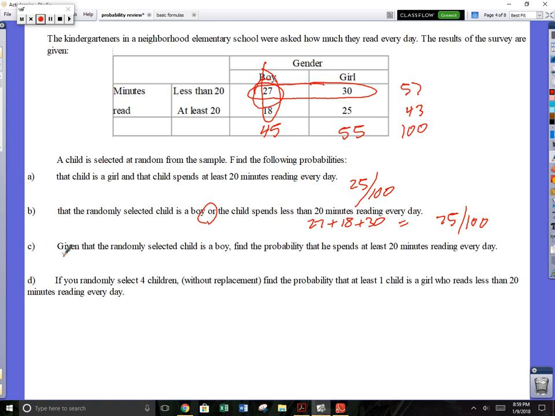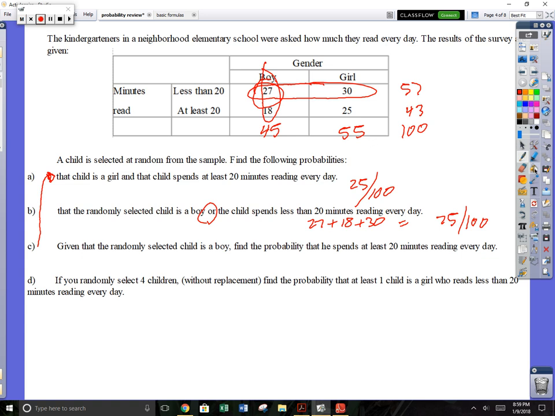So this one's worded different than A. Man, I wonder if it's wanting something different. Given that the child is a boy, find the chance that he spends. Okay. I think it is. So given that it is a boy, so we are narrowing the field down.